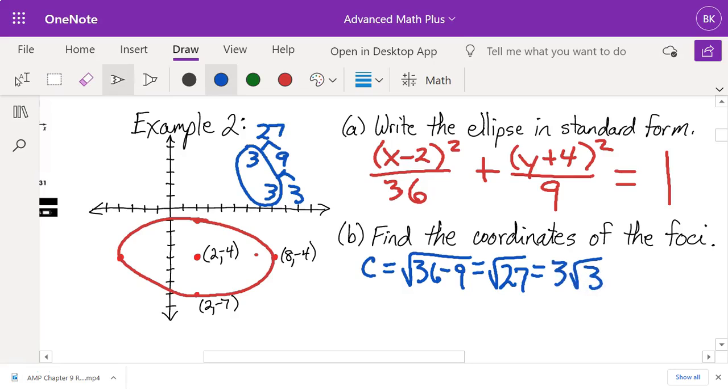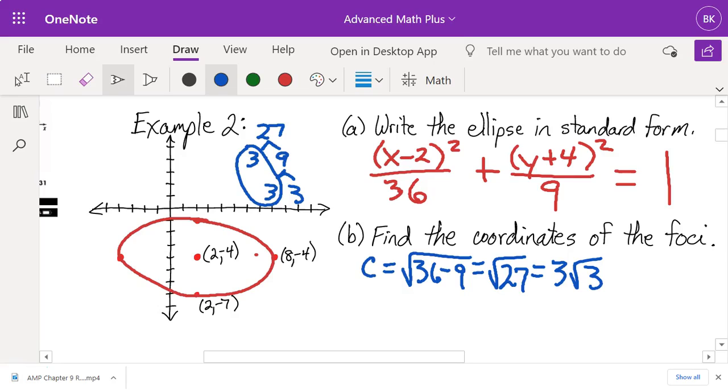Now, do not confuse finding C with finding the coordinates of the foci. We haven't found the coordinates yet. We've just found what? C. That's all. C is what you use to find the coordinates. Okay? The major axis is going this way, right? So I'm going to add and subtract C to the X part of the center.